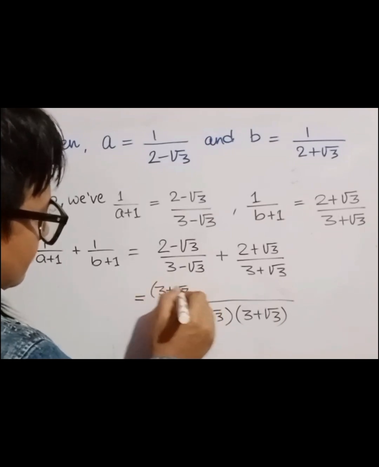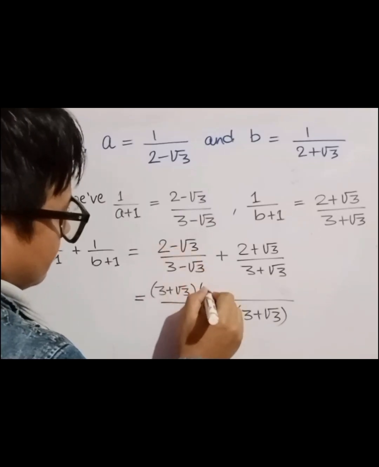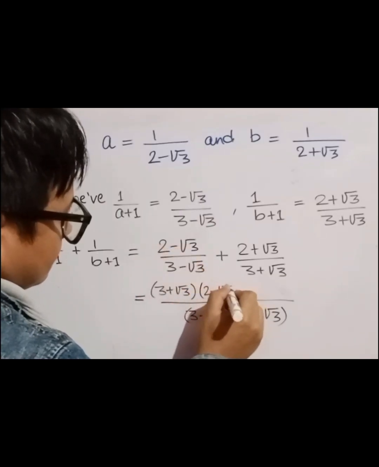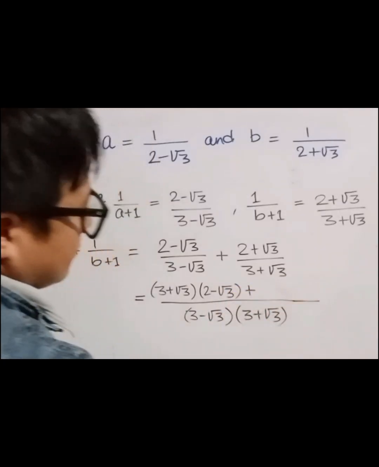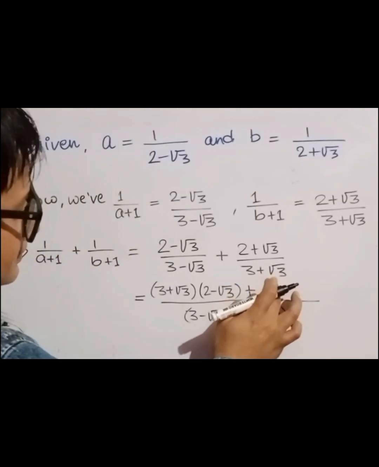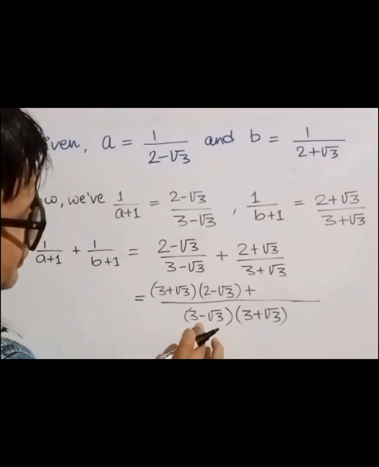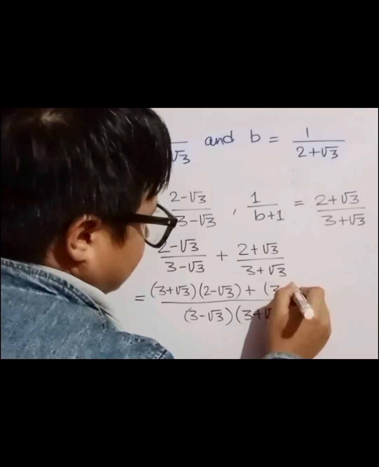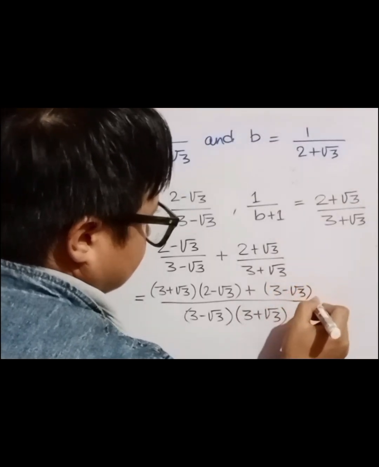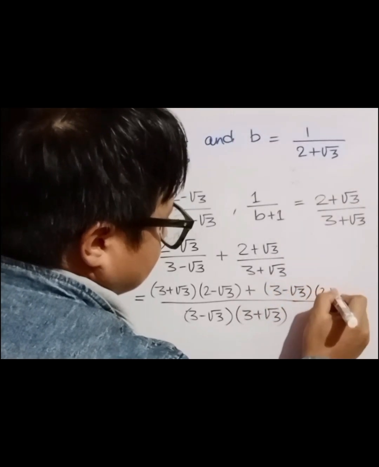So it is 3 plus root 3 into 2 minus root 3. Similarly for the second number, when we divide this LCM by 3 plus root 3, the quotient is 3 minus root 3. Now we multiply 3 minus root 3 with 2 plus root 3, so it is 3 minus root 3 into 2 plus root 3.